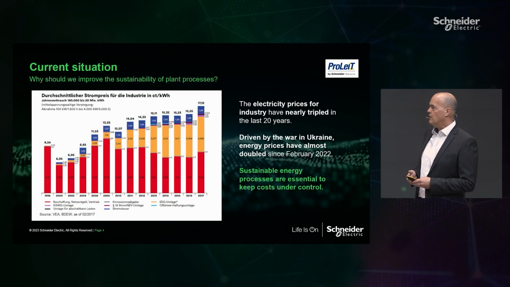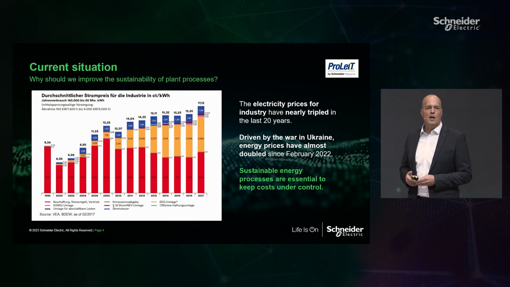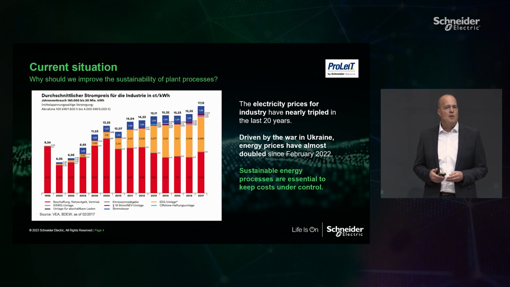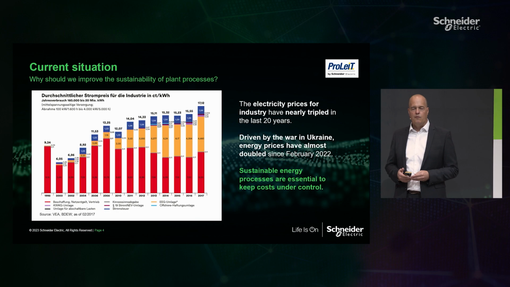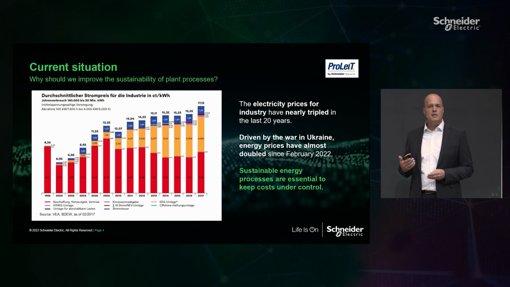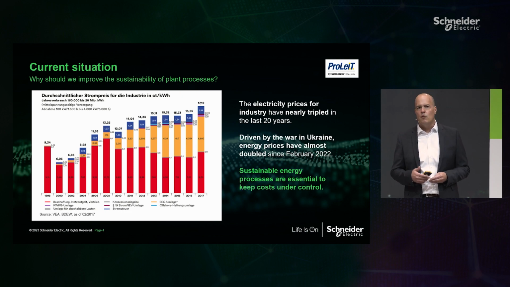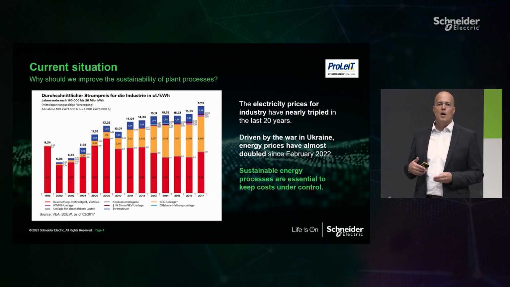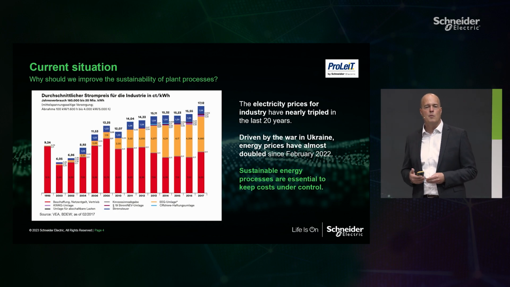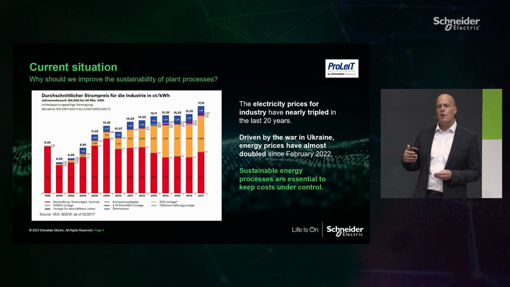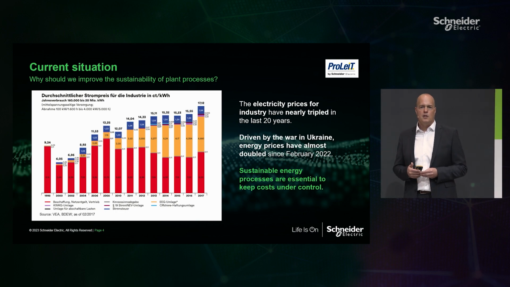Another chart I would like to show here is the prices of energy nowadays. Everyone feels it in their pocket, how the prices are increasing. It's not only about 2 or 3%, sometimes it's over 100%. And therefore, it's a very urgent need, especially for the industry, which has a huge demand for energy, to have a look at how we can decrease the energy.